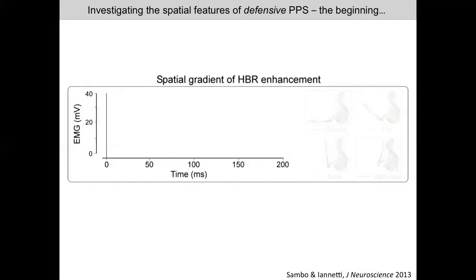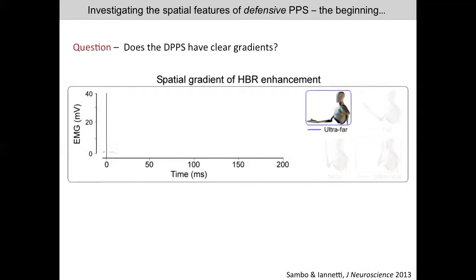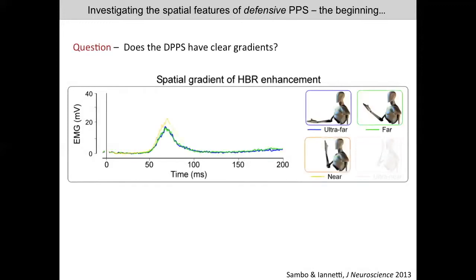And by playing with different hand positions, I don't want to bother you with this, you use the hand as a locator of the danger with respect to this HBR, the defensive blink. Then you can estimate this function of peripersonal space. Some people use the concept of a bubble to communicate it. I don't think it's an appropriate one, although it's very easy to measure how this changes in different people.